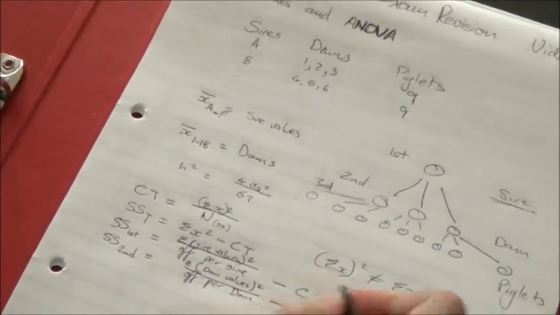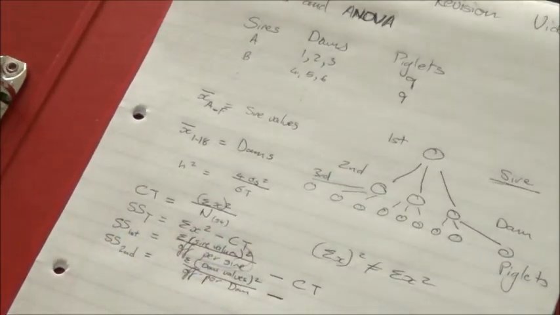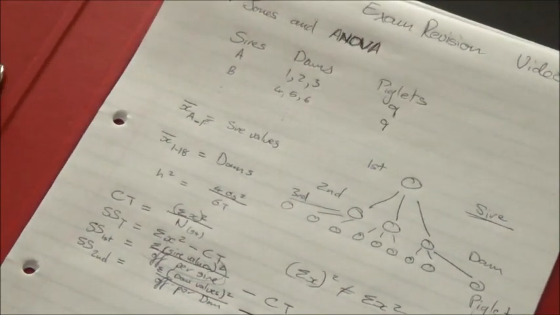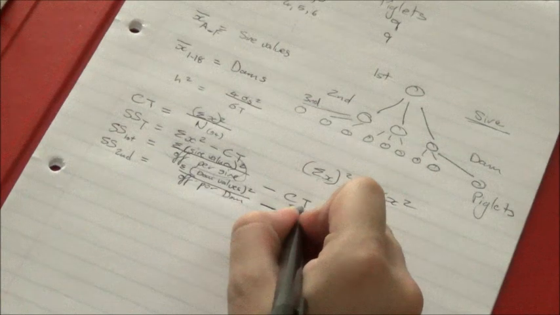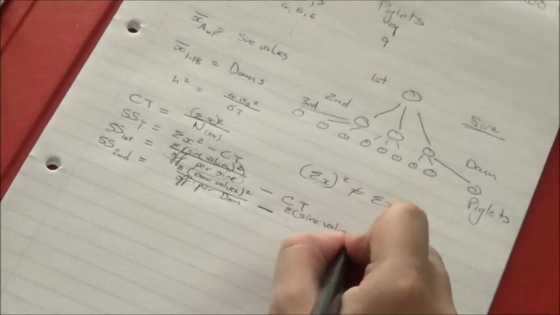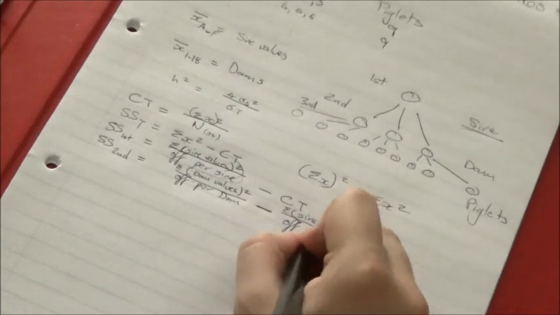Okay, minus this value here, which is, I can't remember what it's called, but it's something to do with an uncorrected value. I don't have the original notes, so I'm sure most of you have heard of that before, so you need to look that up. So it's the summation of sire values squared divided by the offspring per sire. Okay, and that is your sum of squares for your second tier.